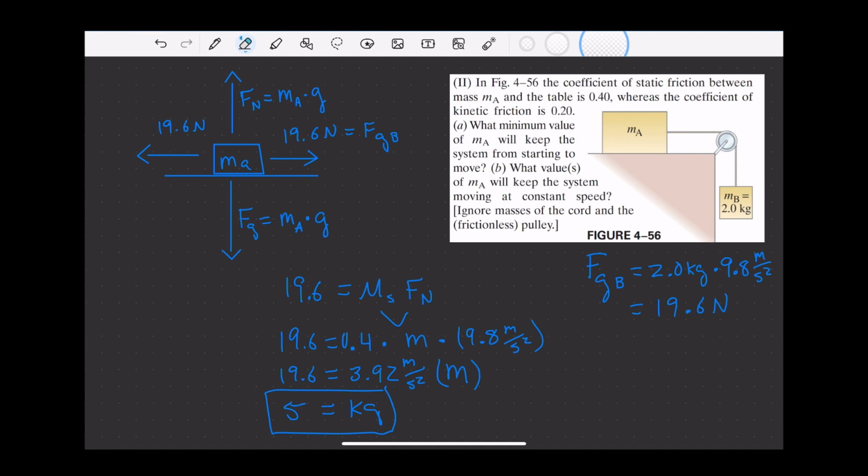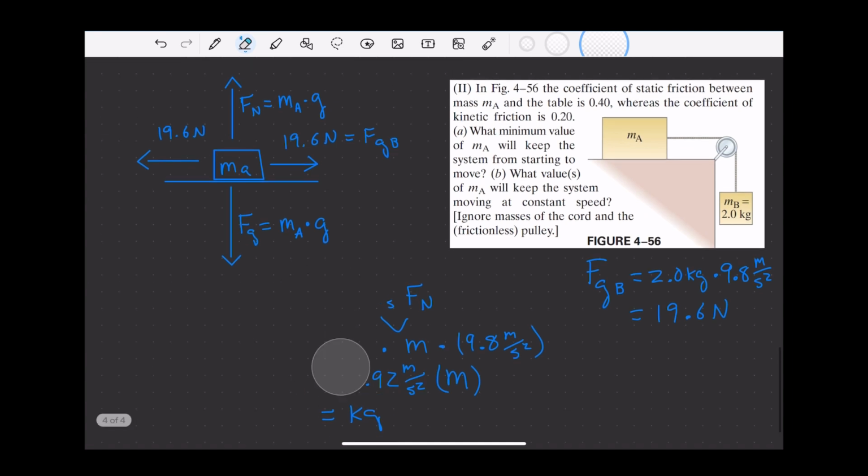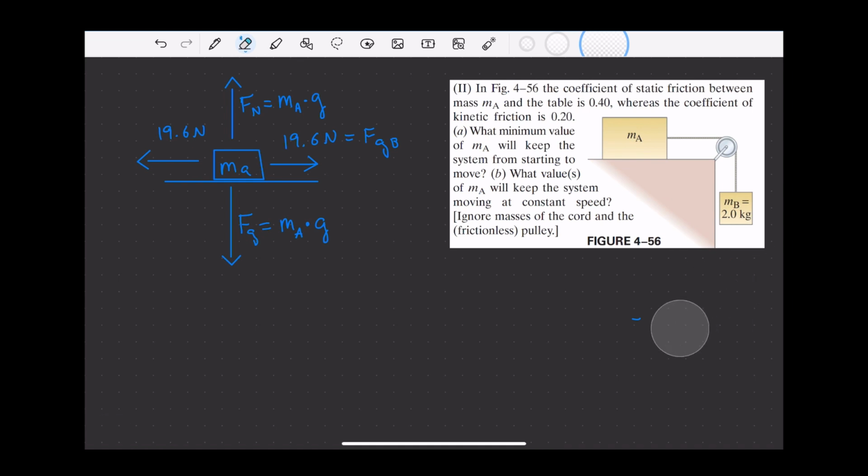All right, so I'm going to keep part of my free body diagram, but I'm going to get rid of some of this stuff so that we have room to work this one. We're going to have a different force for our mass A in this situation, but part of our free body diagram is still true. We're still going to have F sub G in terms of MA times acceleration due to gravity, and the normal force is still going to counteract that exactly.